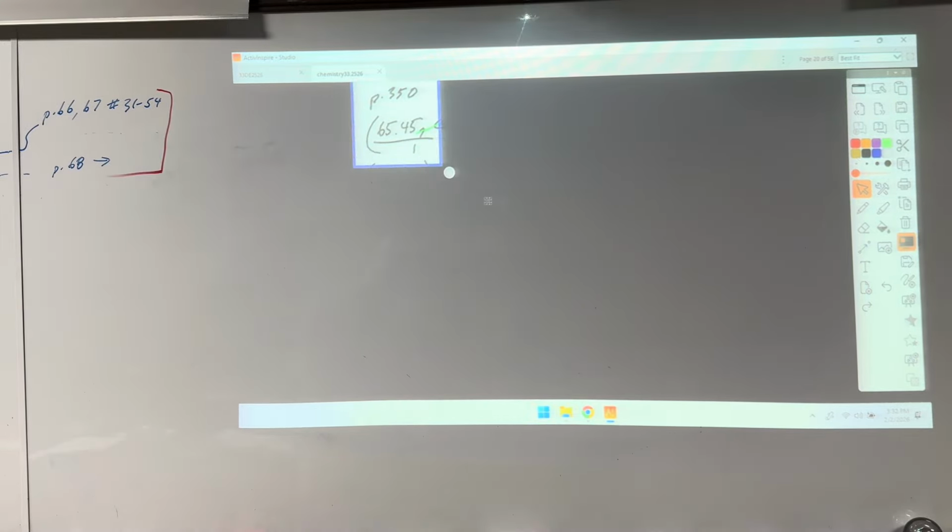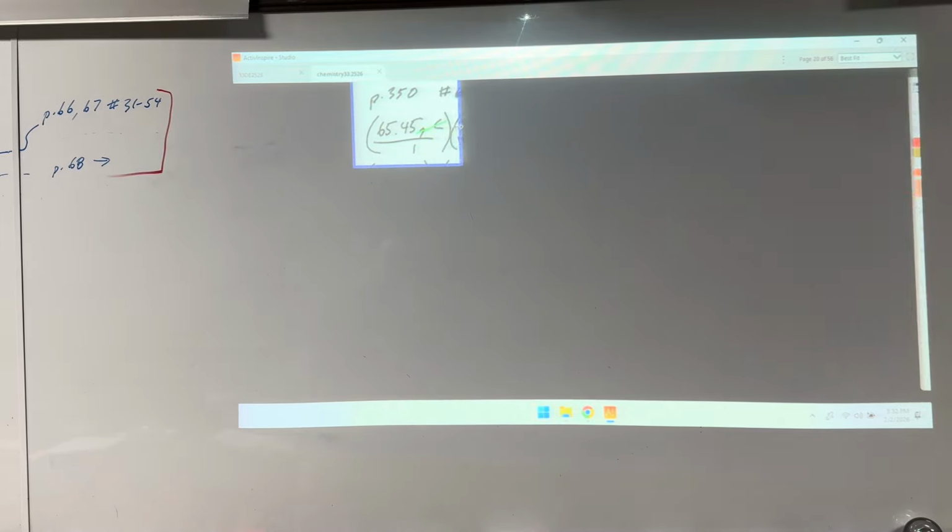So on that one, turn your grams into moles. Convert your carbon to moles. So grams cancels, convert your hydrogen to moles, grams cancels, convert oxygen to moles, grams cancel, 16 grams of oxygen, 1 of hydrogen, 12 of carbon.